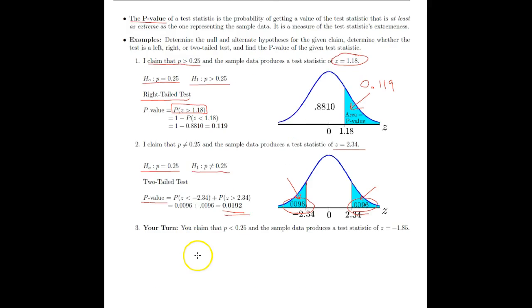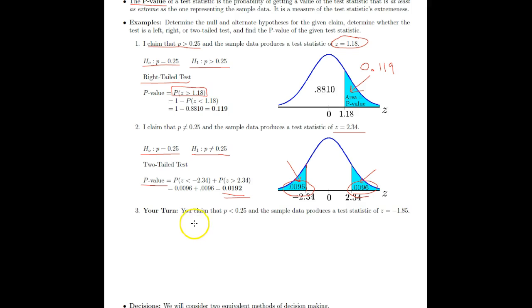Okay? So your turn. You claim that p is less than 0.25, and the sample data produces a test statistic of z equals negative 1.85. So find the p-value of this test statistic. So pause the video, give it a try, and then resume and see if we got the same answers.